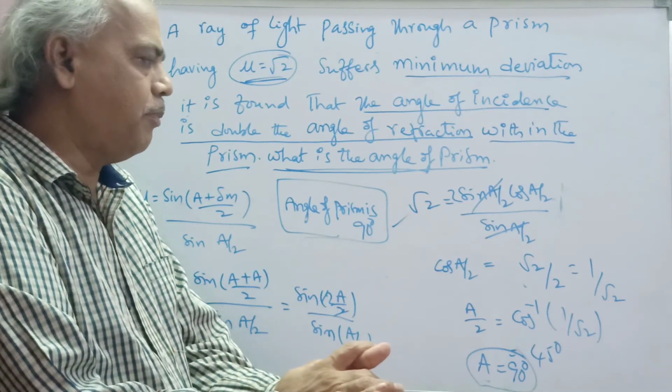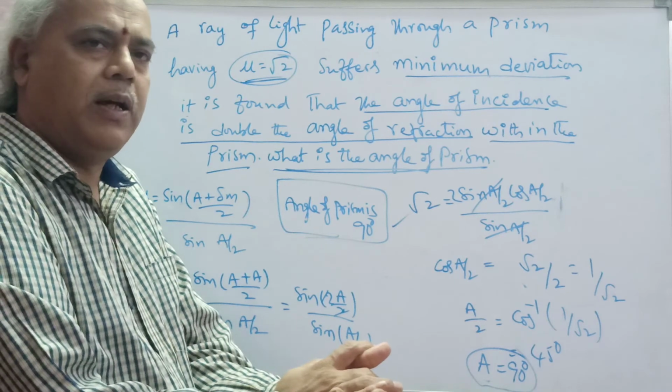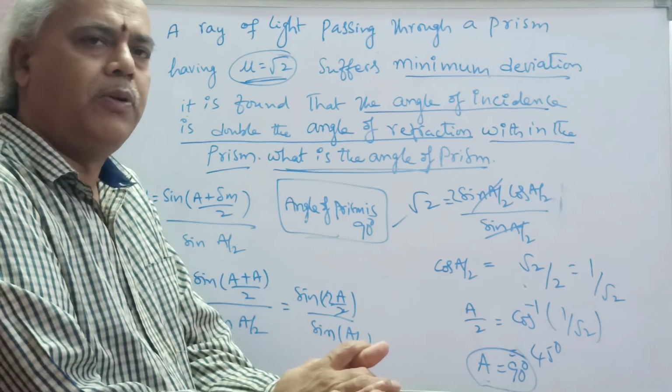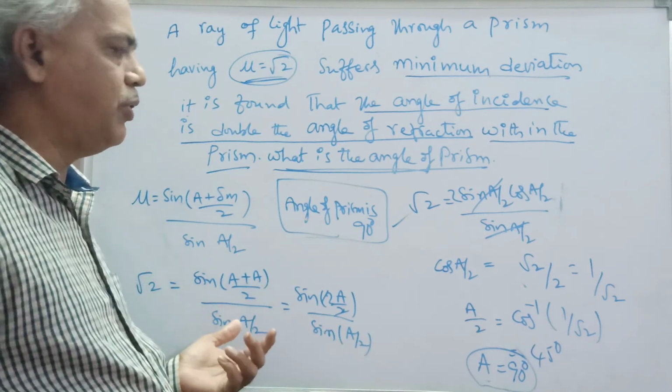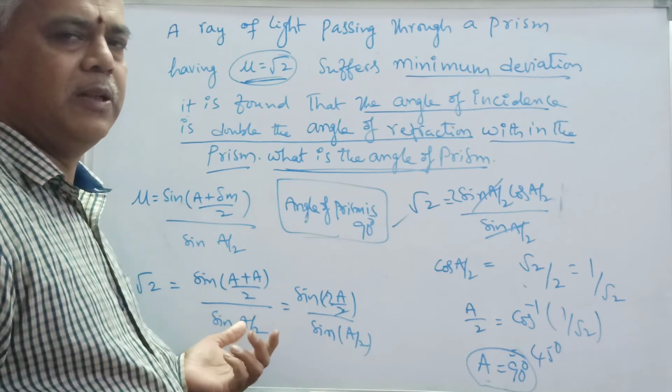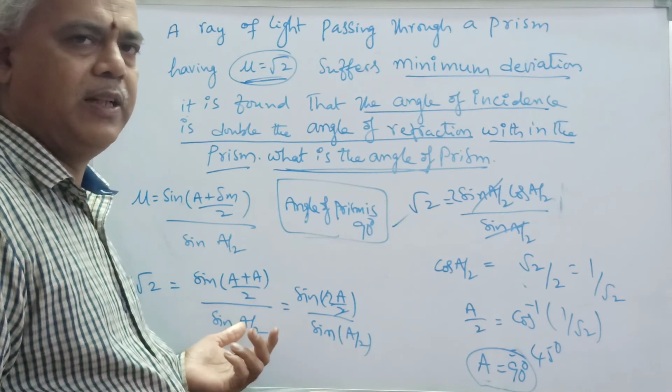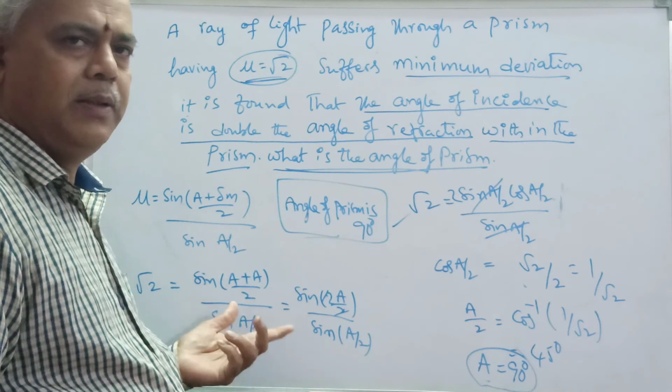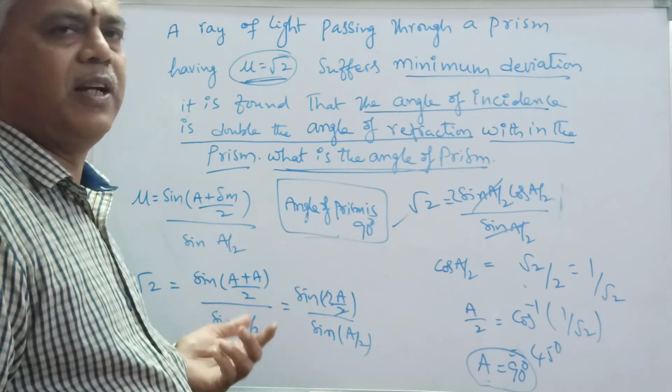So these are very important questions that we are solving. This is one of the important questions in our previous examinations, that is MHT CET mains, NEET examination and MSET also.